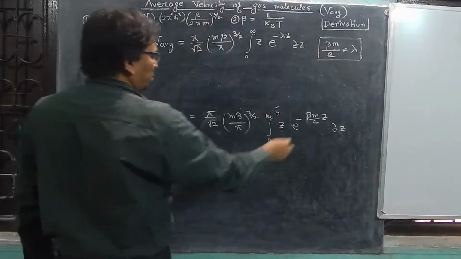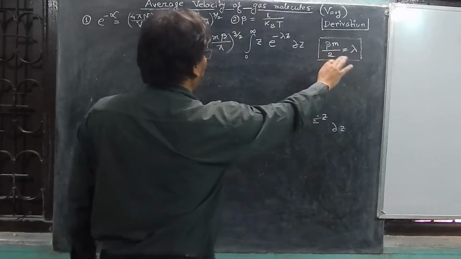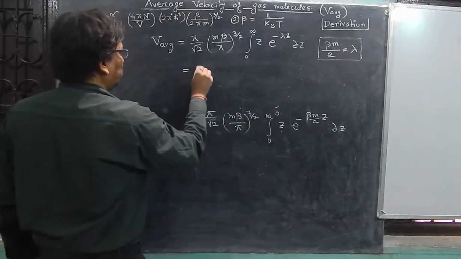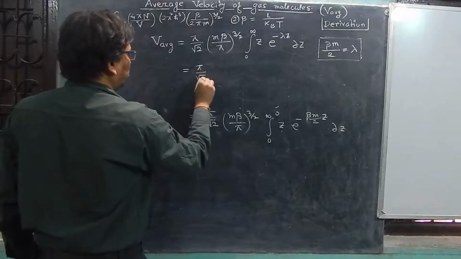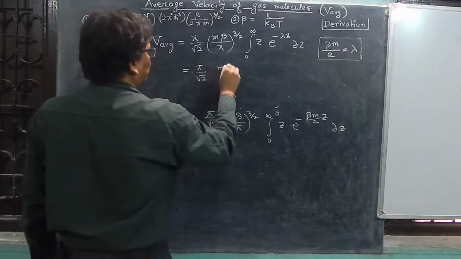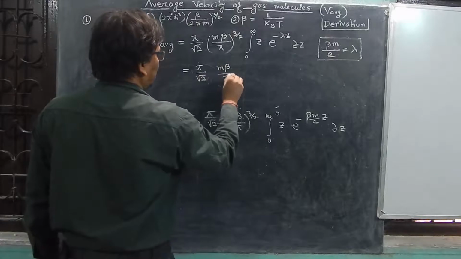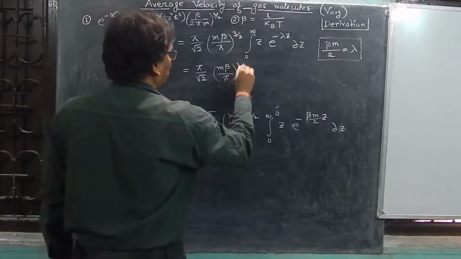Nothing will be changed, because this is a constant term, we have taken this as lambda. Later on we will put the value back.